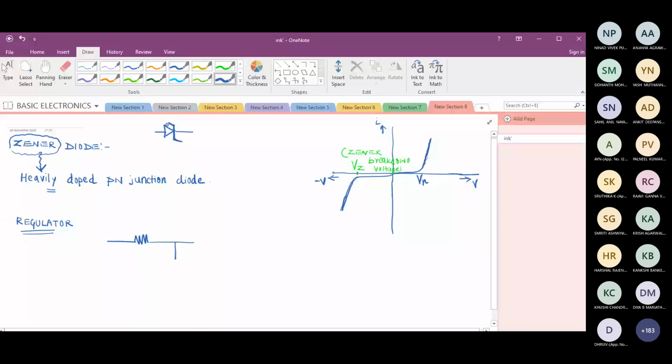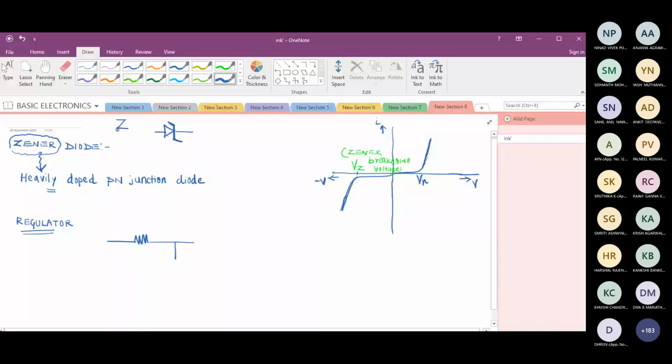Because of the IV characteristic graph? No, it looks like a Z. Exactly, good. This cathode, the right side terminal of the diode, looks like the letter Z. That's why we mark it like this. So this is the symbol of Zener diode.